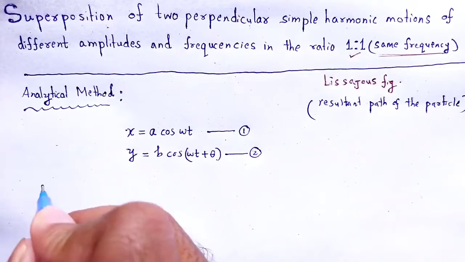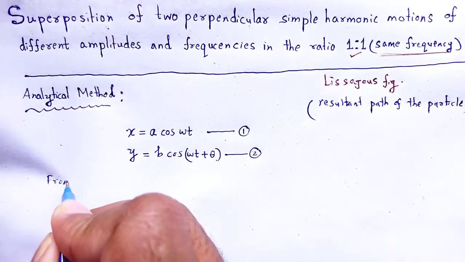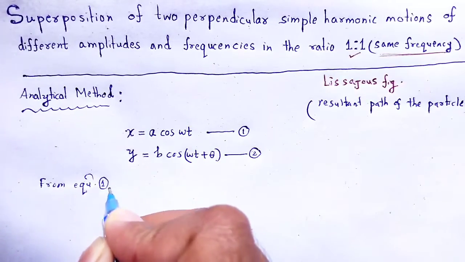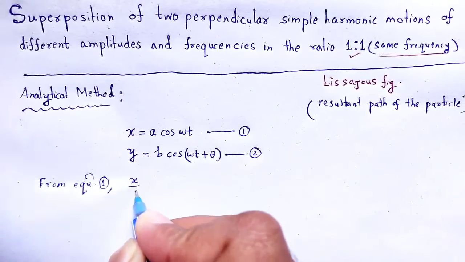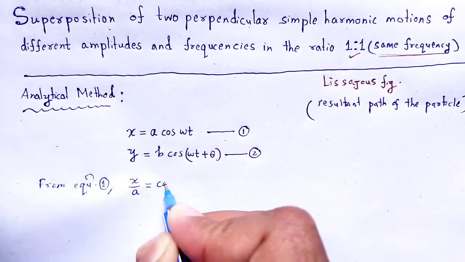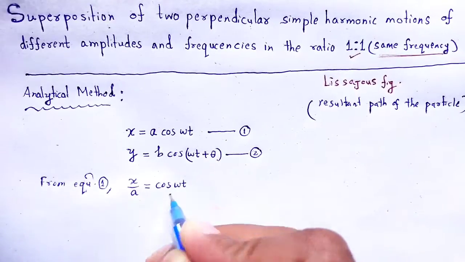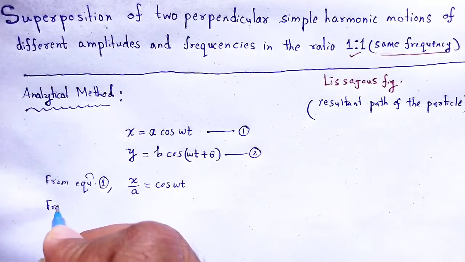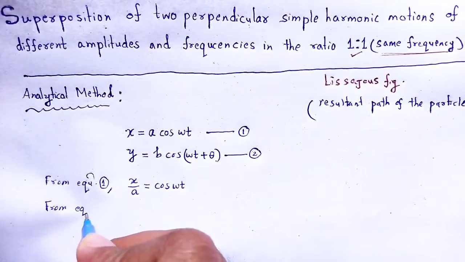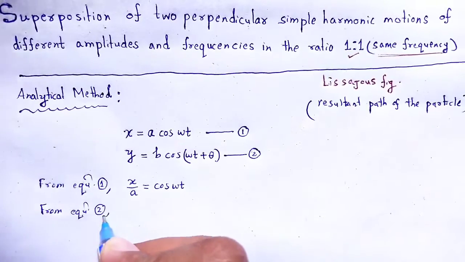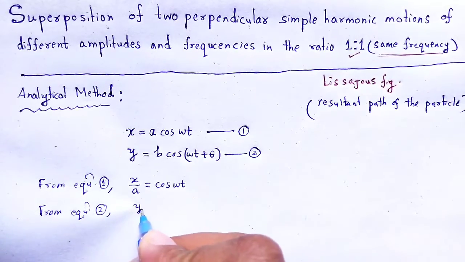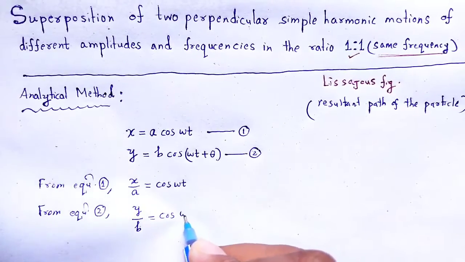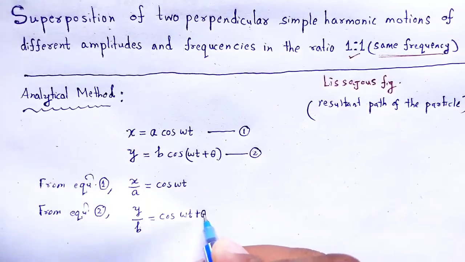From equation 1, x by a is equal to cos omega t. From equation number 2, y by b is equal to cos(omega t plus theta).